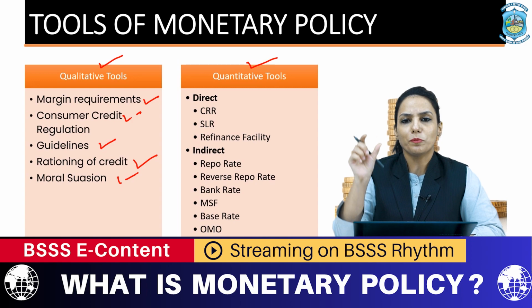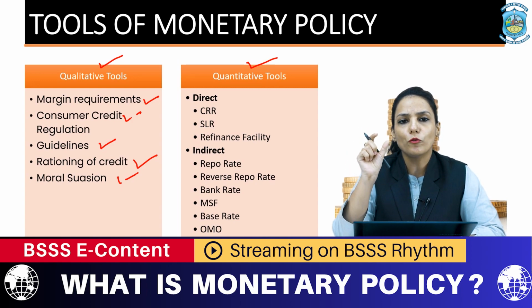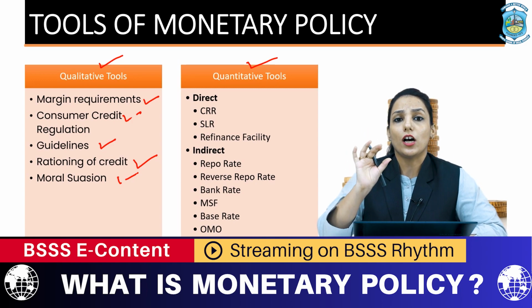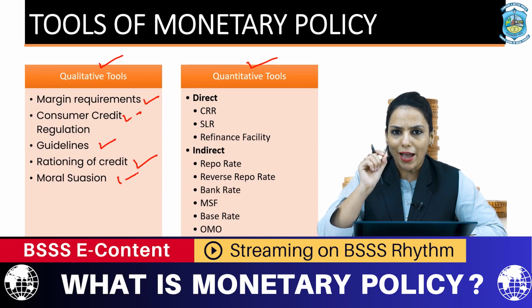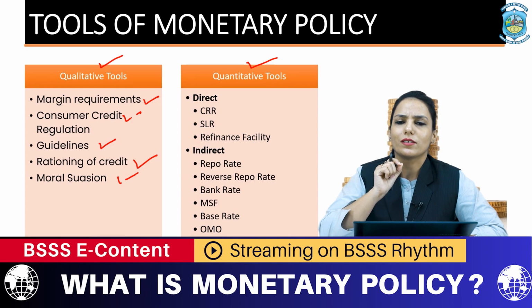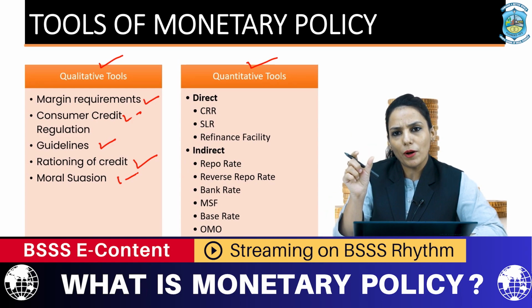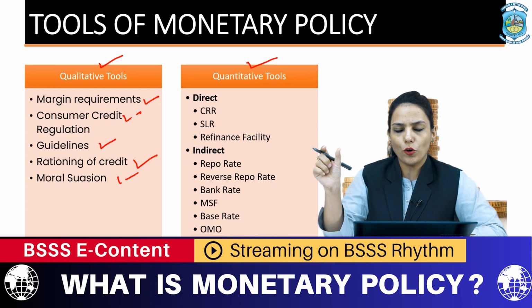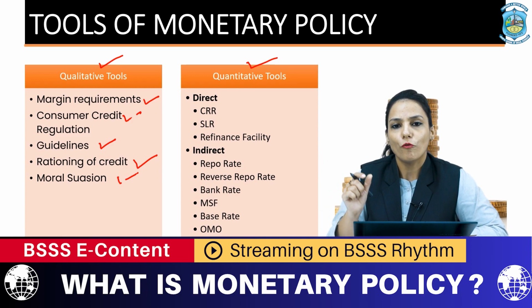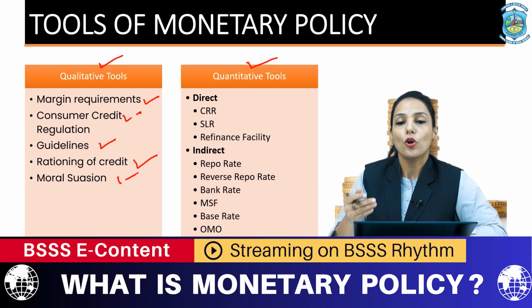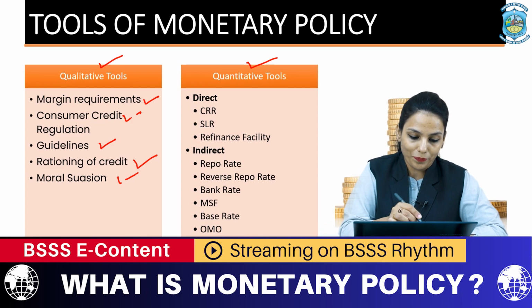CRR requires that a specified percentage of total bank deposits be held in the RBI's current account. Banks do not profit from this. That is, they have to keep a certain amount with the RBI in its current account, but they do not have access to this amount for undertaking any economic or commercial purpose.